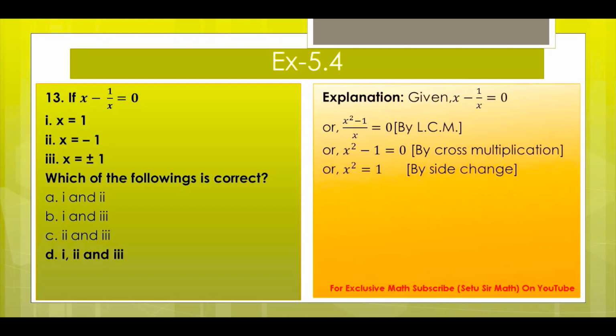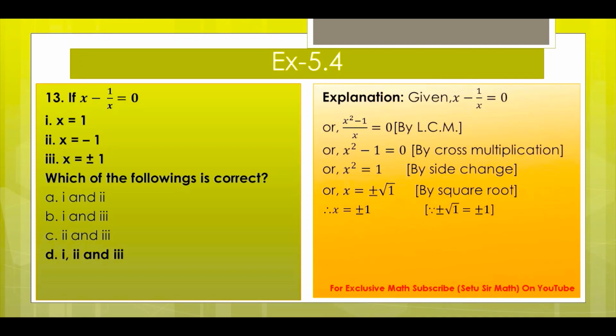So if we make the side change, then x square equals to plus 1, because if we change the side of minus 1, that would be plus 1. And by square root, x equals to plus minus root over 1.